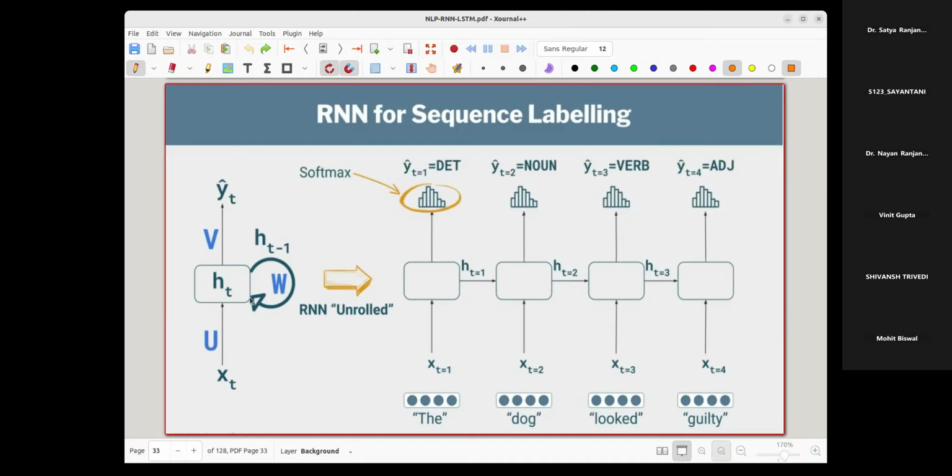Rather, previous information is given as a kind of feedback loop, as input to the current time step. And as it is only one network, the weights will not change. It does not mean that at this time step some weight will be there, at that time step some other weight. No, the U, W, V will be uniform across all time steps. Is it okay, Anurag?